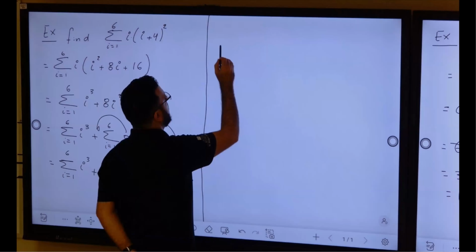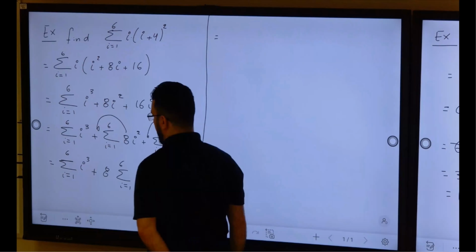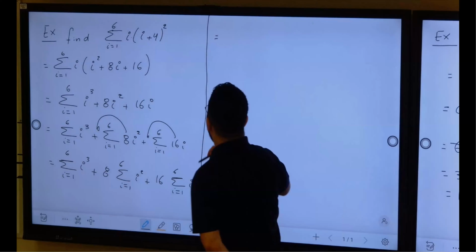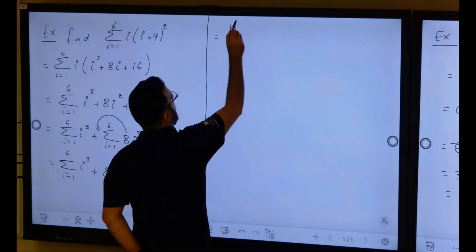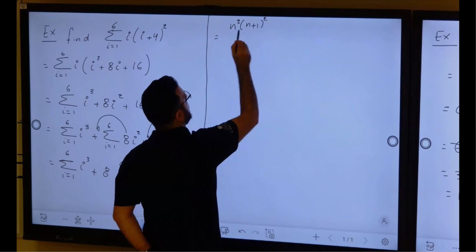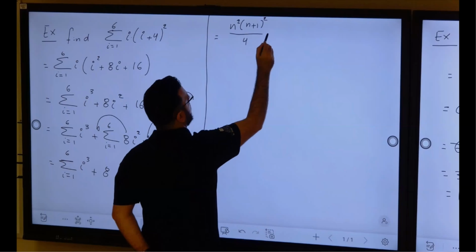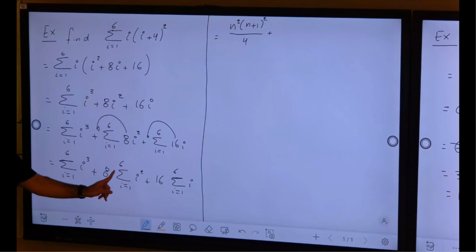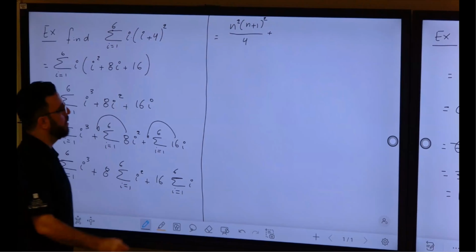So the first one is going to be what? The sum of i cubed, which is n squared times (n plus 1) squared, divided by 4. Plus the second one, 8 with the sum of i squared. So here is the 8.